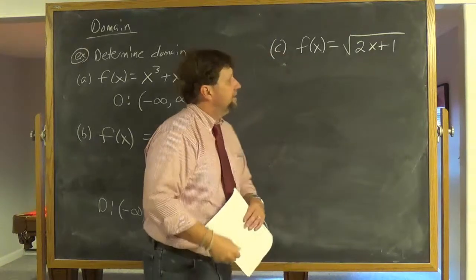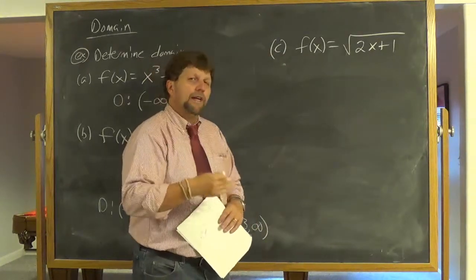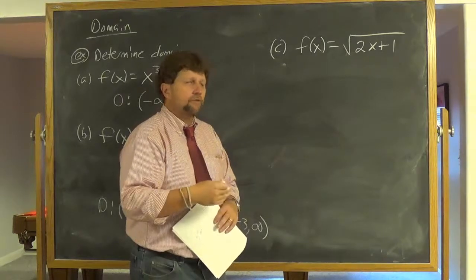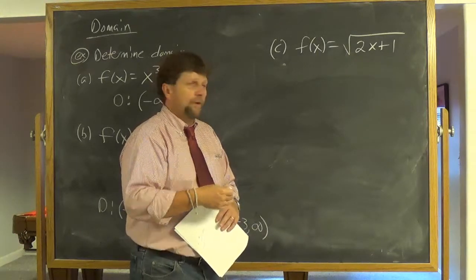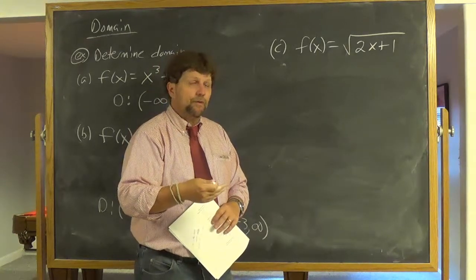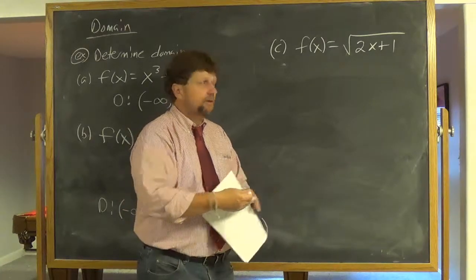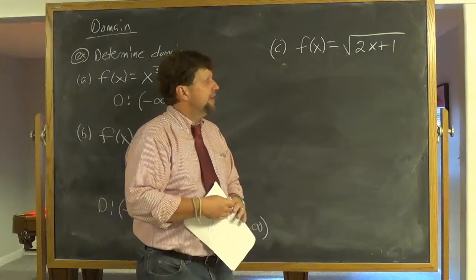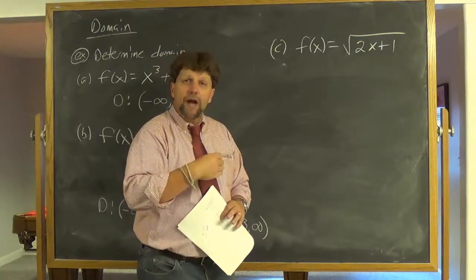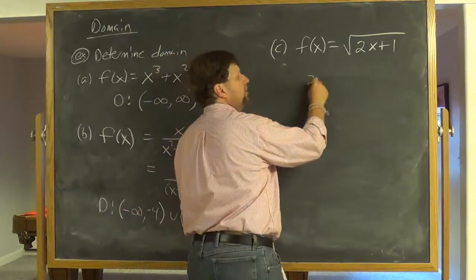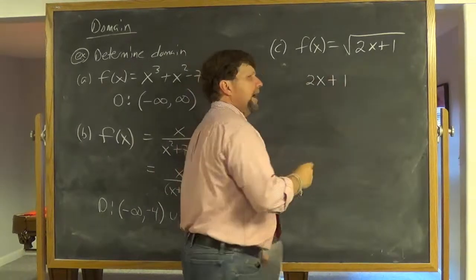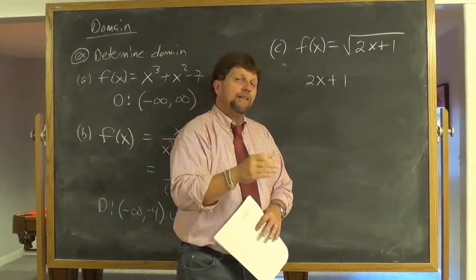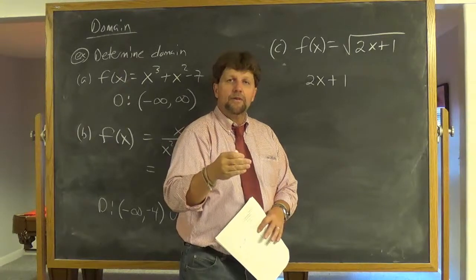So let's think. If I don't want a negative number under the square root, then what I do want under the square root would be positive numbers, or 0, because 0 is not negative. So that means what's under the radical sign, 2x plus 1, I want it to always be positive or 0.